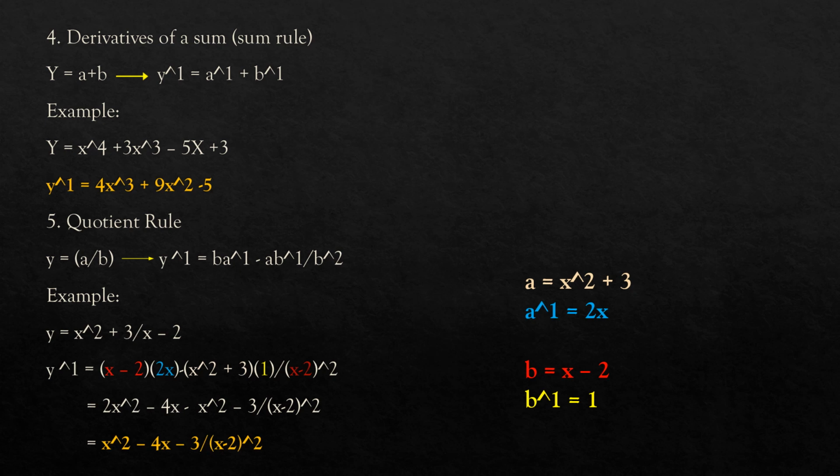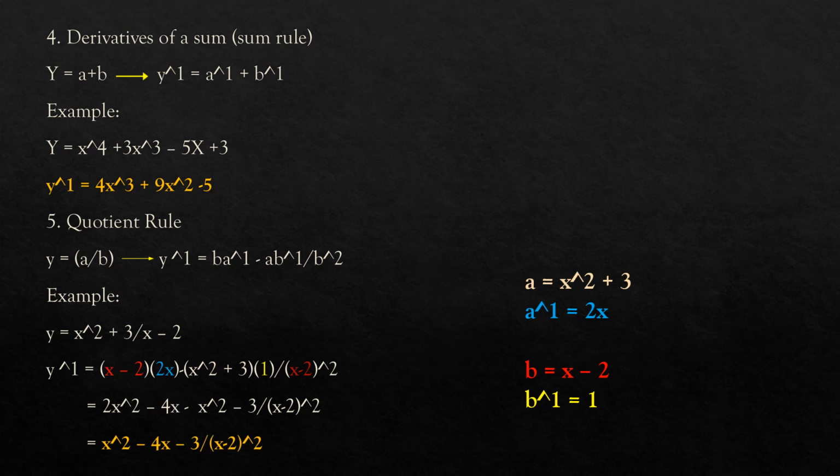Next, we have the quotient rule. In the quotient rule, the derivative of the quantity A over B is B times the derivative of A, minus A times the derivative of B, over B squared. Say for example, find the derivative of x squared plus 3 over x minus 2.